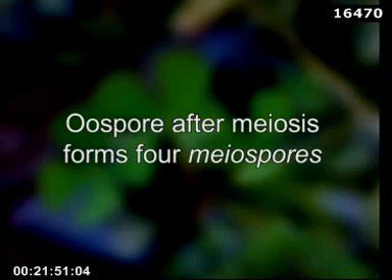Now, the germination of the oospore. Prior to germination, the oospore nucleus or zygote nucleus undergoes meiosis, resulting in the formation of 4 meiospores, which are present within the oospore or zygote wall.